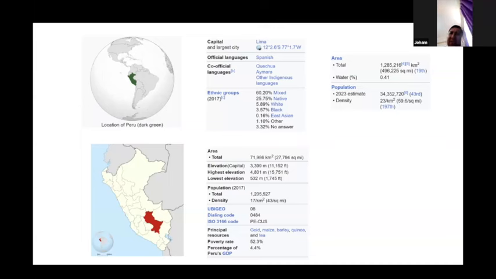We have two different systems in Peru: one is the working insurance hospitals, and the other is the public insurance hospitals. I am working in this public hospital, which covers most of the population.